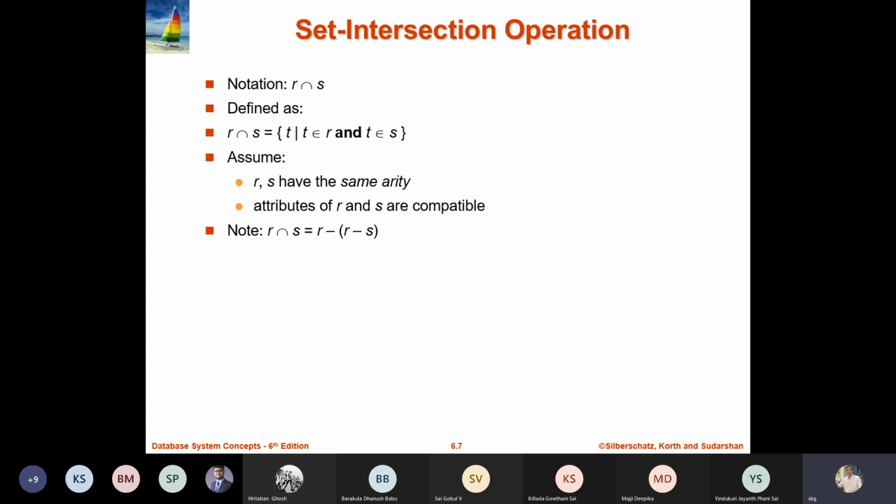We can also represent that as R minus (R minus S). Those are the tuples which belong to both R and S, so the output will be those tuples which are present in both relation R and relation S.